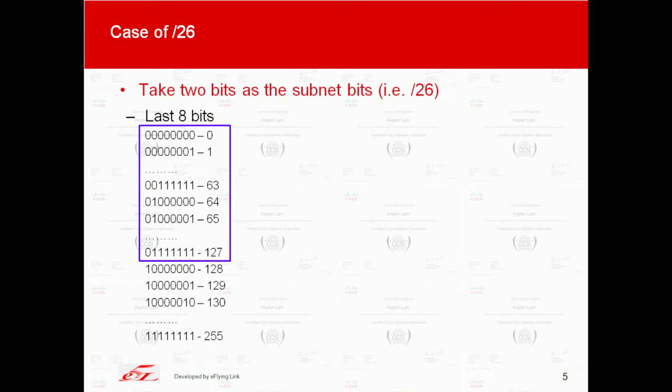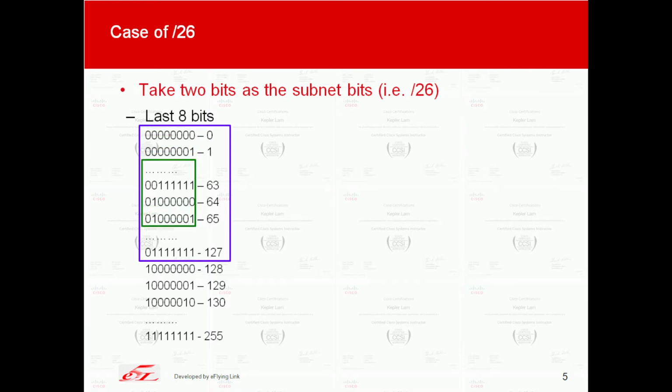Now let's take a look at the case of /26. That means we consider the 2 highest bits as the subnet bits. We focus on the first 128 addresses first. The highest bit of this range is 0, but now the second highest bit can vary from 0 to 1. That means we divide this portion into 2 more portions. In binary, the first portion starts with all zeros up to 0, 0 followed by 6 ones.